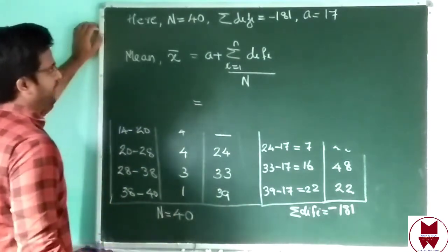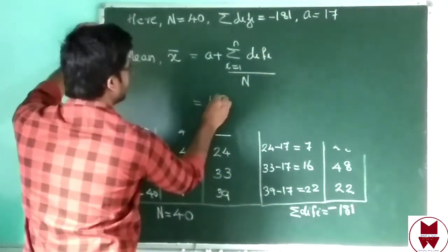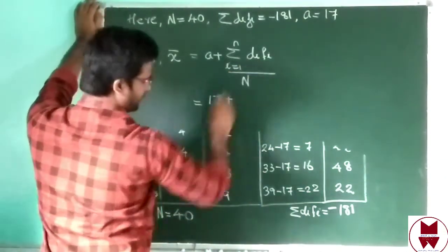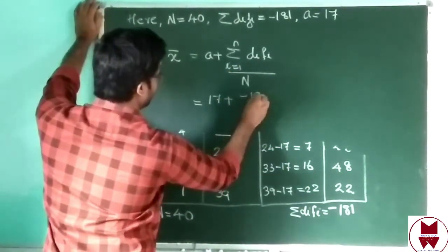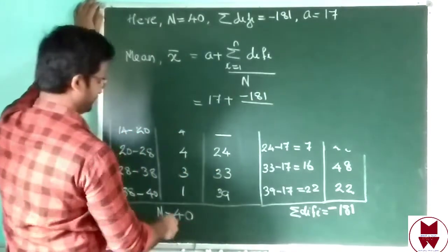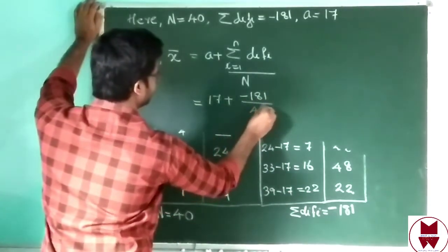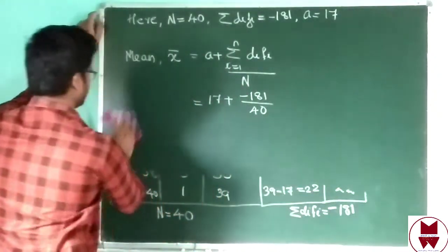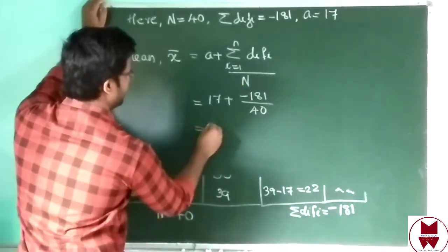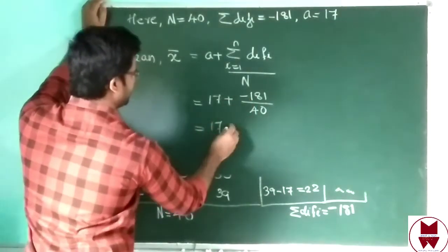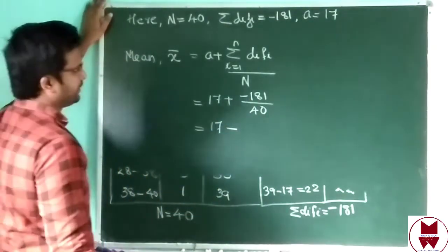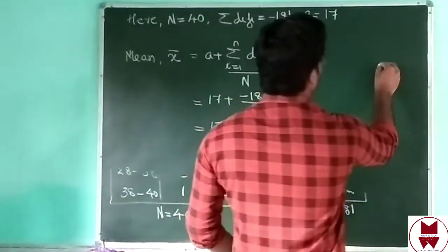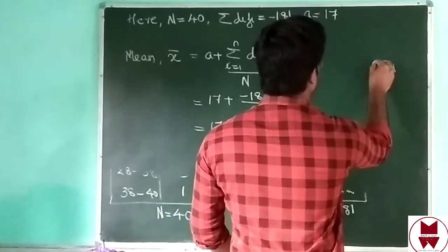A means 17. 17 plus sum of fi di, which is minus 181, divided by 40. Plus into minus, you will get minus. Then you can divide 181 divided by 40.